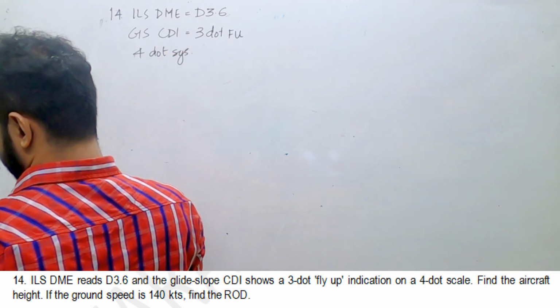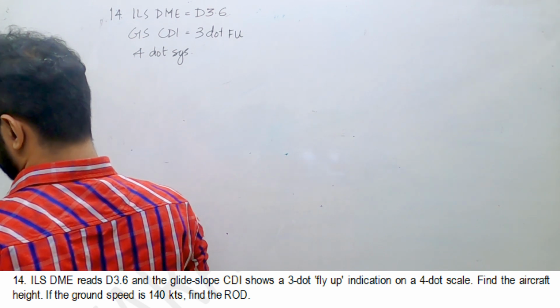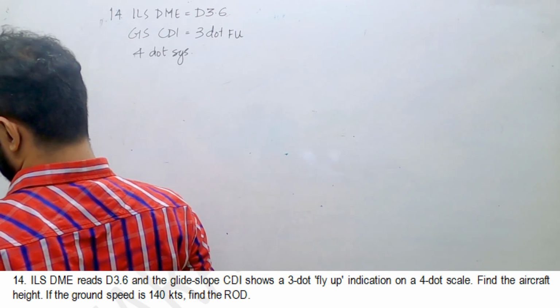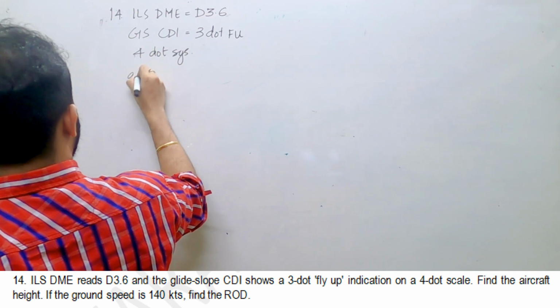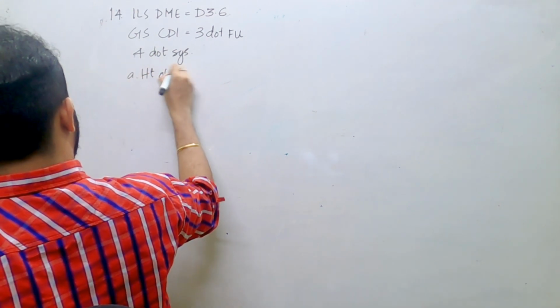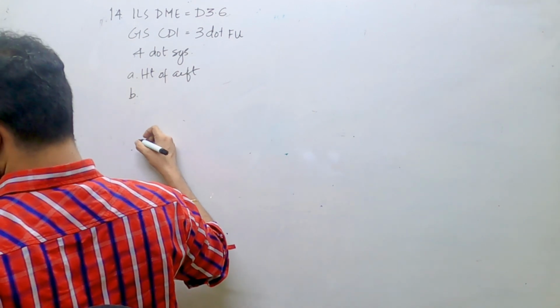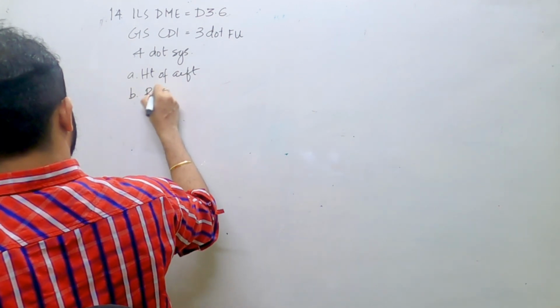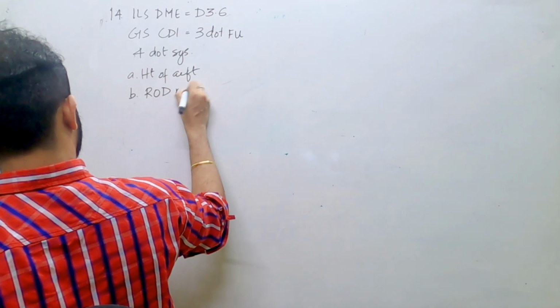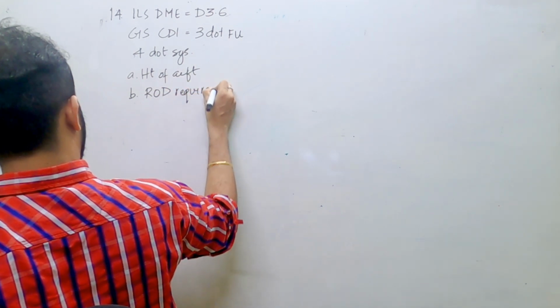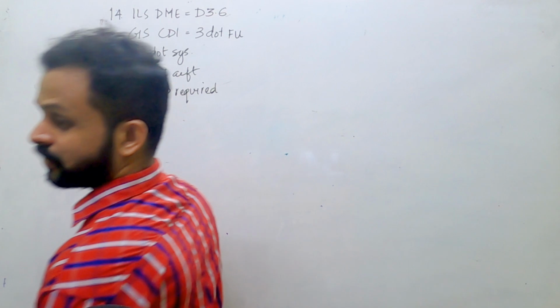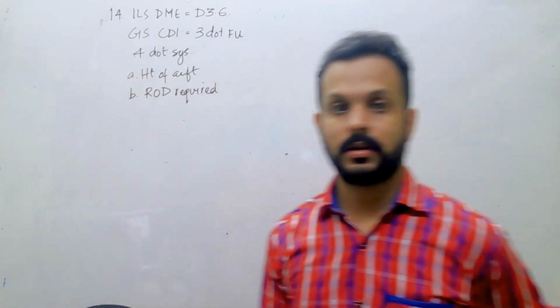Find the aircraft's height. If the ground speed is 140 knots, find the rate of descent. You have to find out the height of the aircraft and the rate of descent. When they ask you to find the rate of descent, they mean the rate of descent required to stay on this particular glide slope.